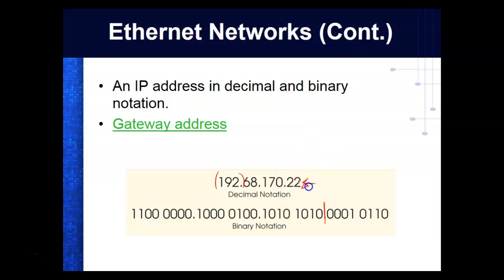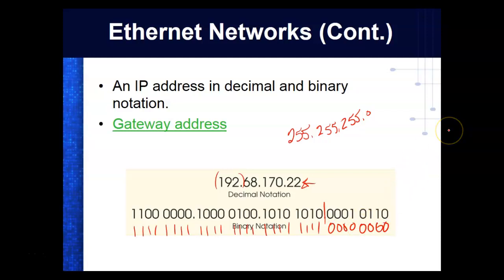You'll see this every once in a while when you enter a 192.168, it'll automatically pop in the subnet mask of 255.255.255.0. Now if we converted that to binary, this would be 255, so all ones would be 255, and this would be 255, and this would be 255, and this would be 255, and then the rest of the subnet mask would be 0.